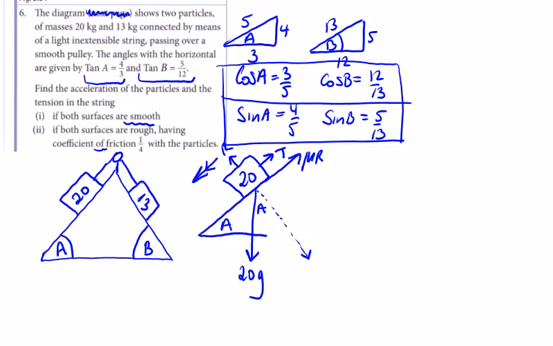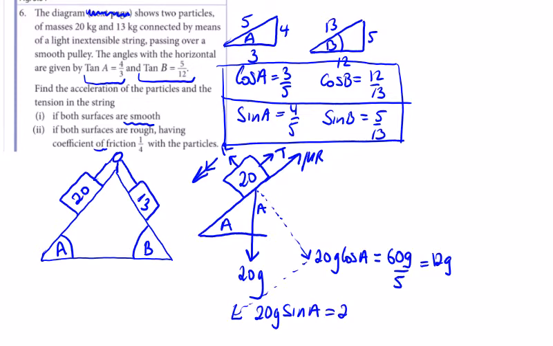I'm going to have 20G cos A, it's adjacent to A. 20G cos A, don't rush it, write it out first and then go up to cos A. 20G by 3 over 5, so we're going to have 60G over 5, which is equal to 12G in this direction. 20G sine A, which is equal to 20G by 4 over 5, which is 80G over 5, which is equal to 16G.